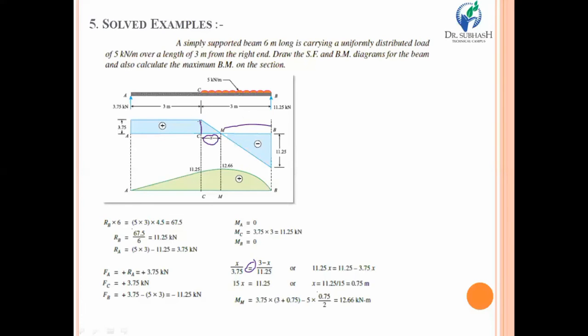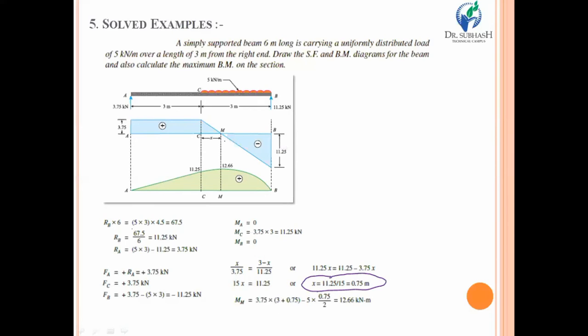The entire length is 3, and it should be subtracted from this distance x, so ultimately this will be 3 minus x. So this triangle has base 3 minus x, divided by the height of the triangle, that is 11.25. By equating both ratios of the triangles and simplifying, you find the distance x.